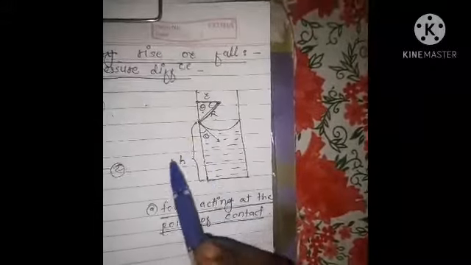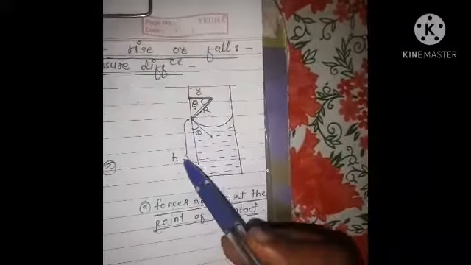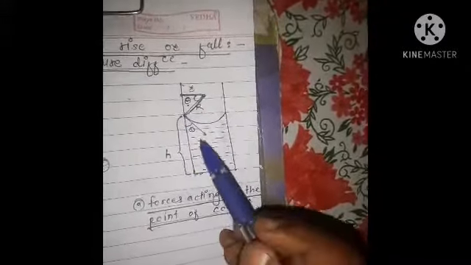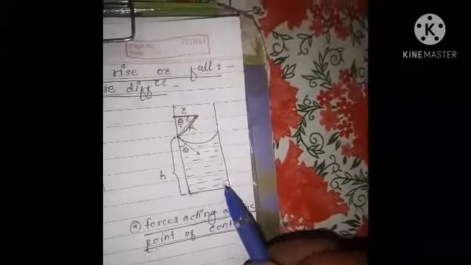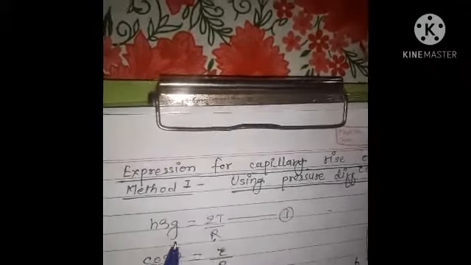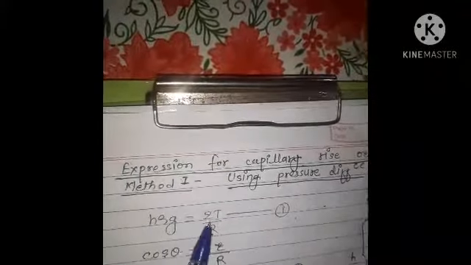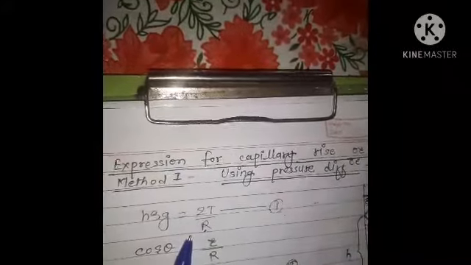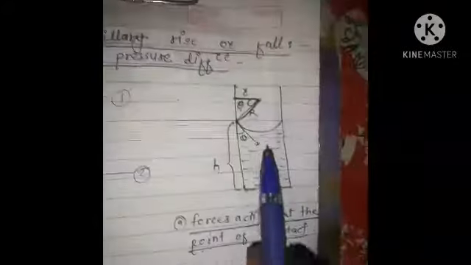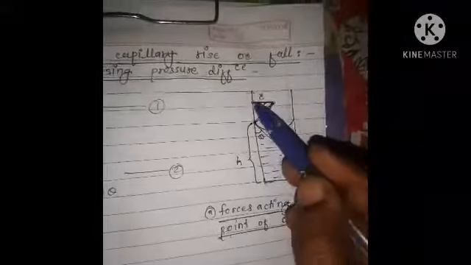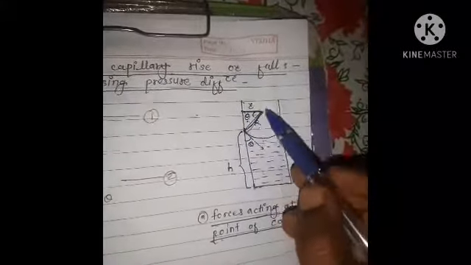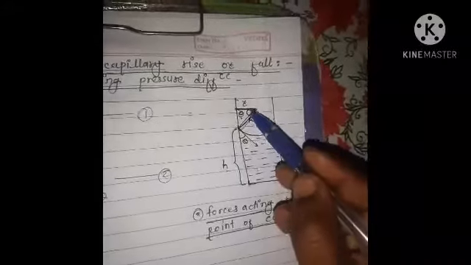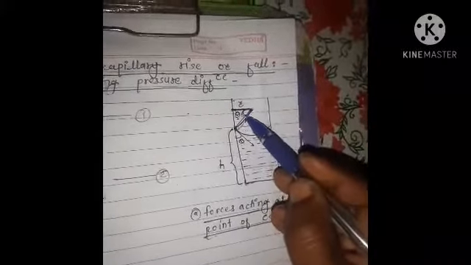Now the pressure due to this liquid column inside the capillary tube must be equal to h rho g is equal to 2T by capital R. From the diagram, consider this triangle, taking cos of this angle theta.